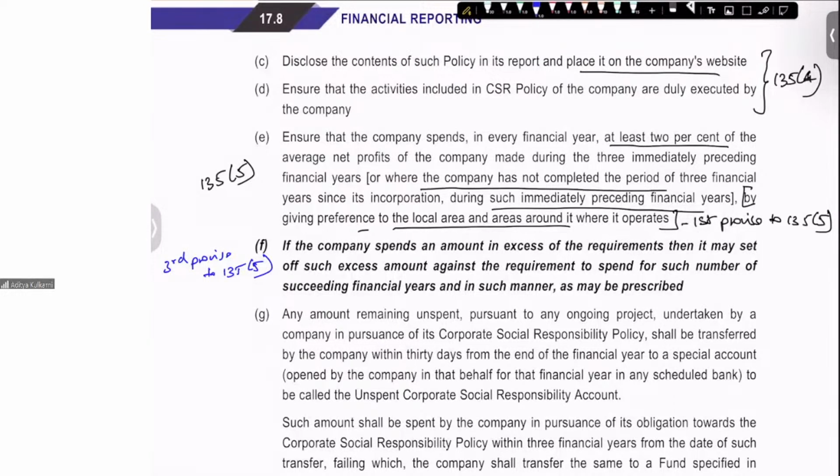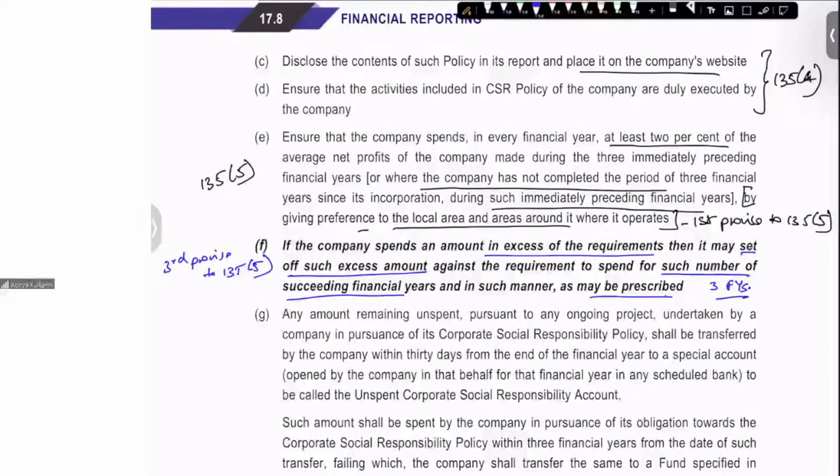If the company spends an amount in excess of the requirements, then it may set off such excess amount for such number of succeeding financial years as may be prescribed. As may be prescribed, that means the prescribed period is 3 financial years. So that is the third proviso to 135(5).